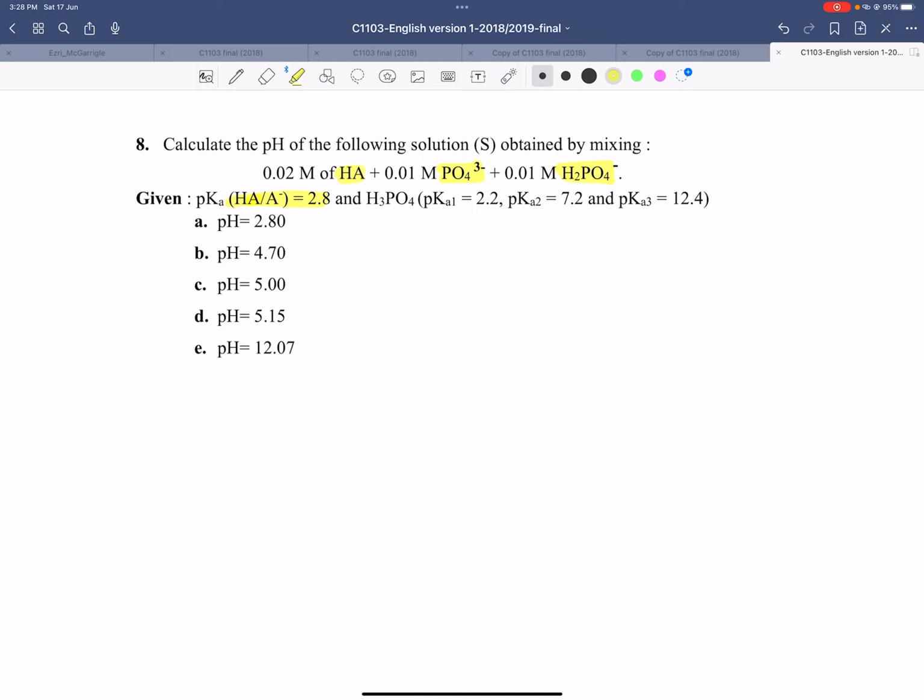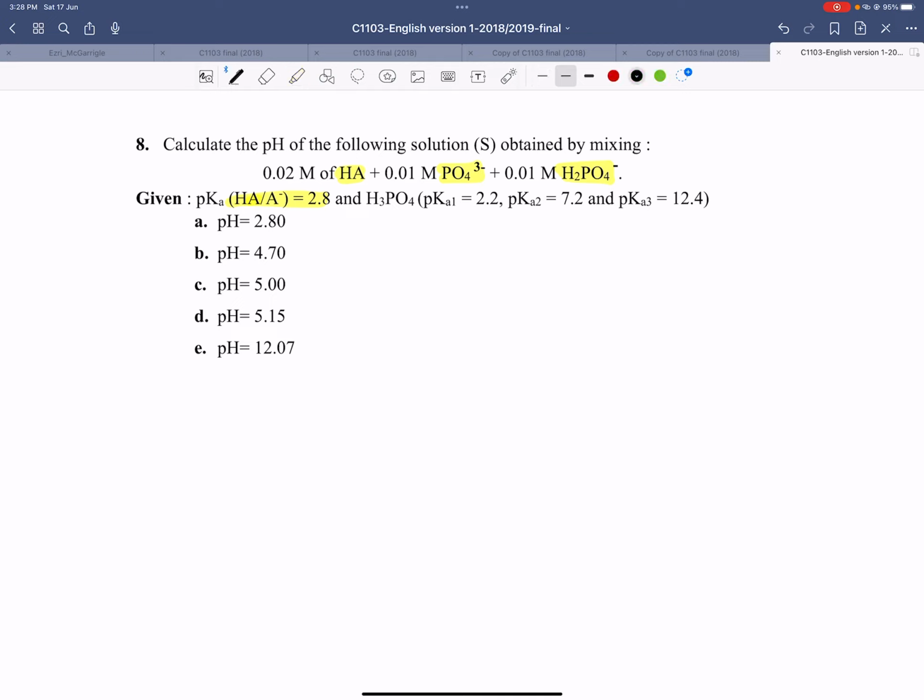It can react with PO4 3-, and H2PO4- is actually also a base, so it can react with HA. What determines which reaction will predominate the system is the K, which is the equilibrium constant of the reaction. The higher the equilibrium constant, the more predominant a reaction is.